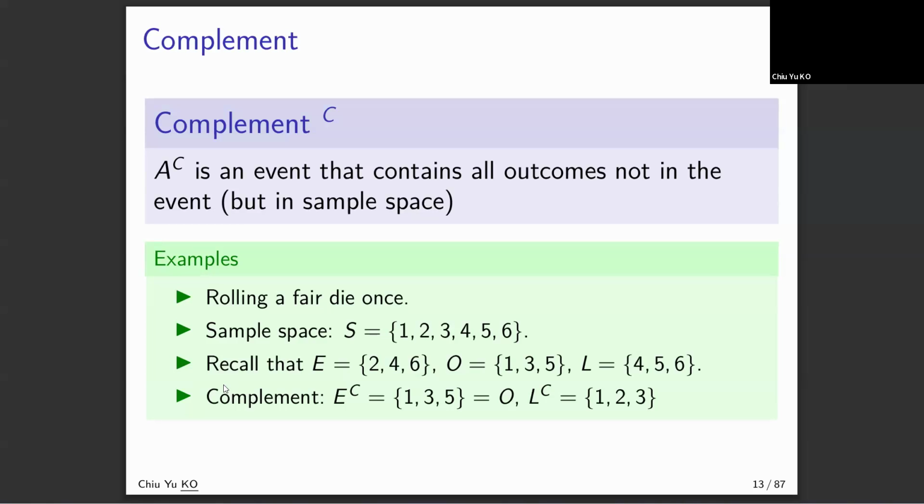So how to do it? Let me do it once. Complement means you go to find this. How do you do that? You just look at this and cross out the things in the even. That's the complement. And you can do the same for large: you cross out the things of large in the sample space. Then what you're left with is the complement.